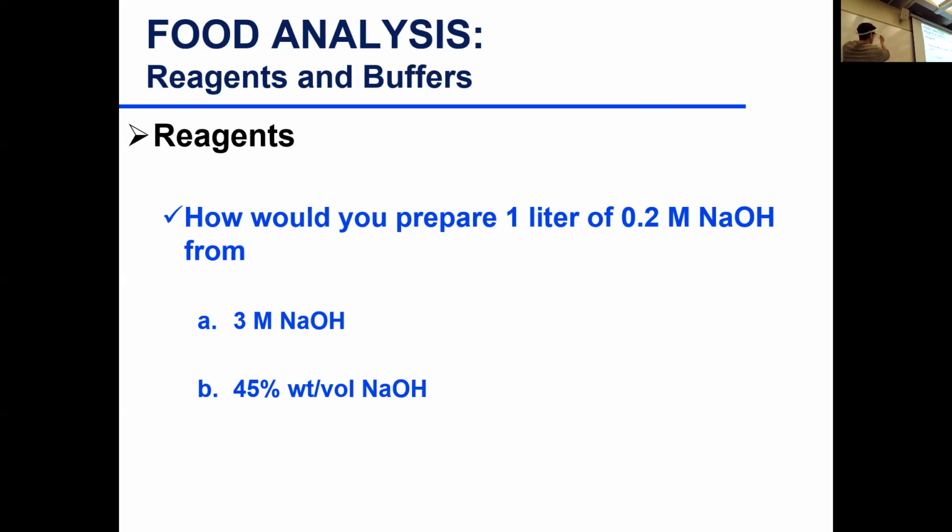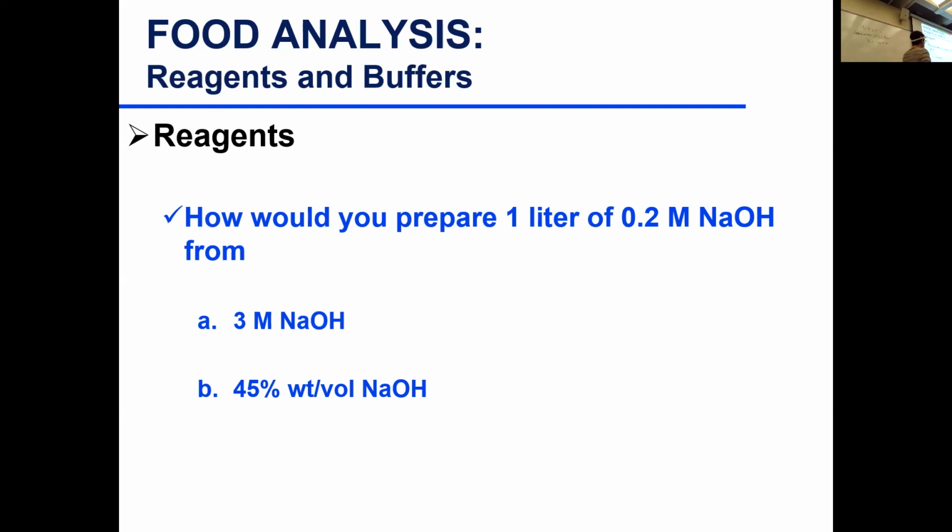And you have your 3 molar stock solution, and then you want to know how many mL of that you want. So when you solve for X, it will be 66.7 milliliters. Again, you complete your answer by saying I would get a volumetric flask, 1 liter, put some water in it, add the 66.7 milliliters, and then mix and make up to volume.